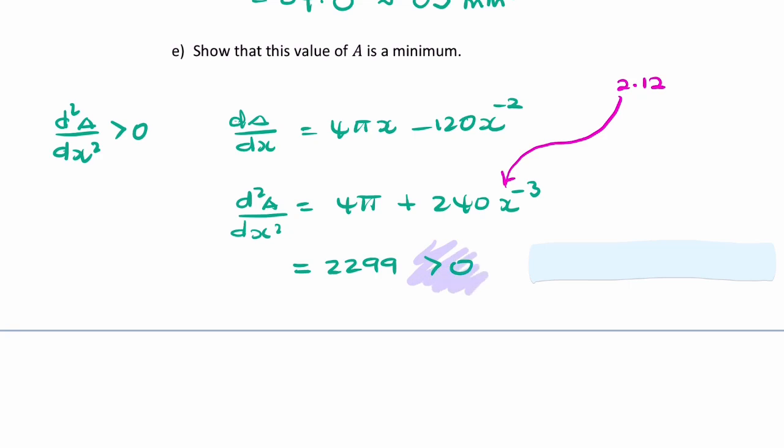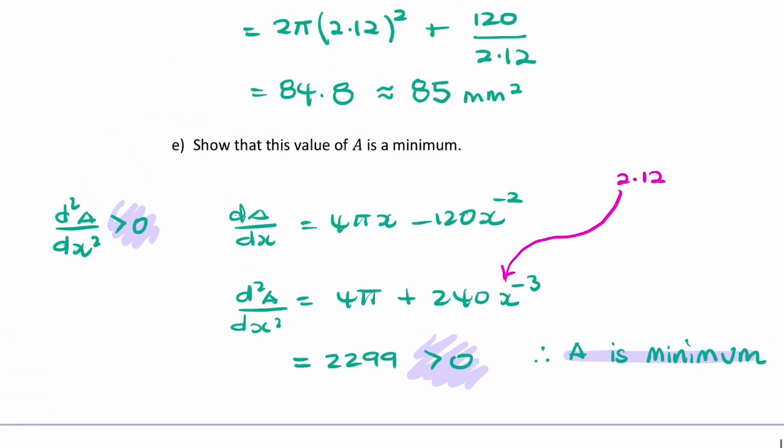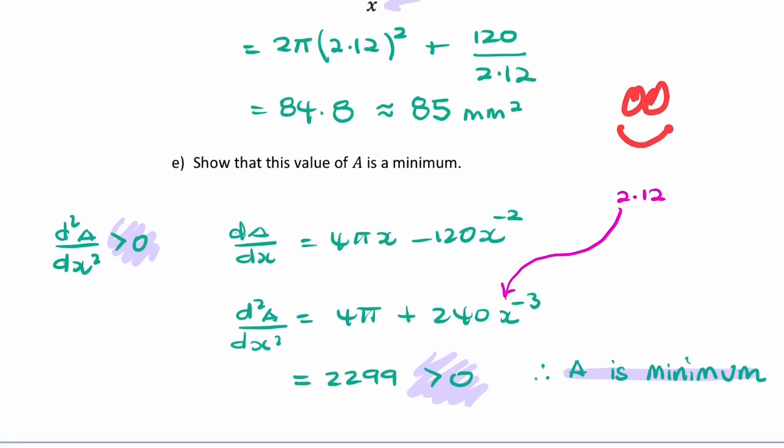And because it's positive, we can say, therefore, A is a minimum. So we don't decide that it's greater than 0. We check whether it's greater than 0 by using the value of x that we found. We got a number that was greater than 0, therefore it's a minimum. So that's how you solve this kind of optimization problem. I hope you found that helpful.